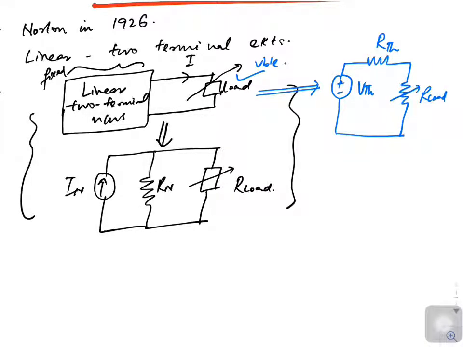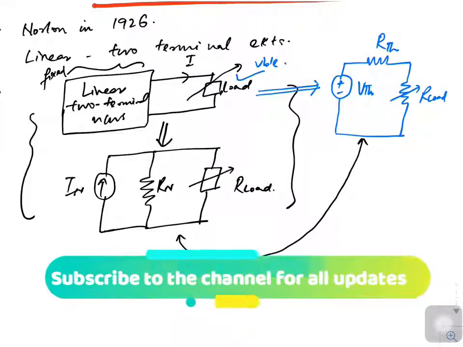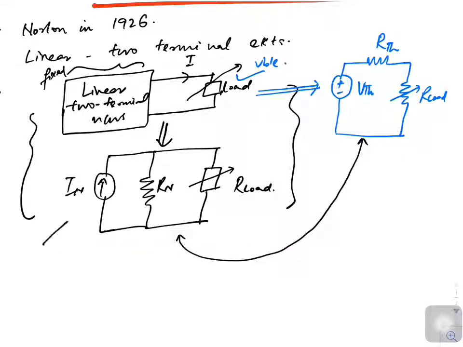Now if we compare these two, the difference between Thevenin's and Norton's theorem is, Norton's theorem calculation is in terms of a current source, whereas Thevenin's calculations are in terms of a voltage source.